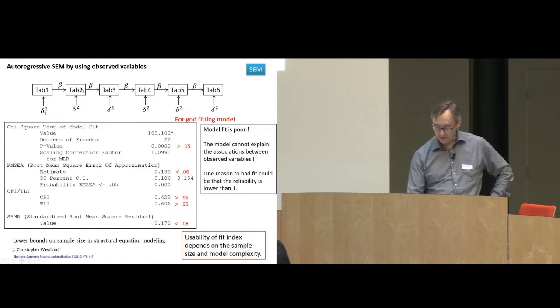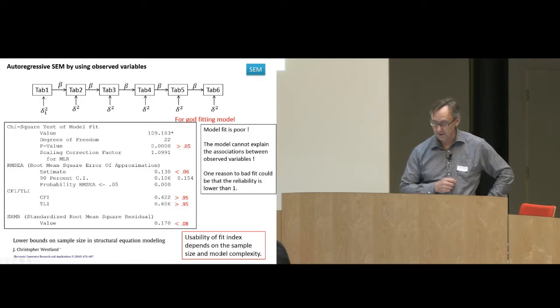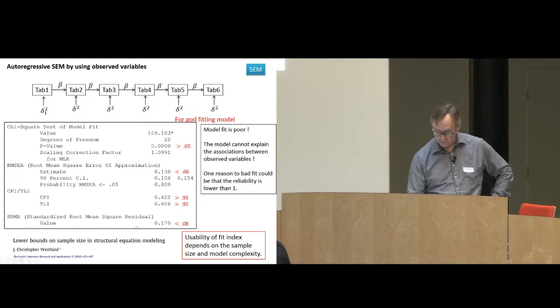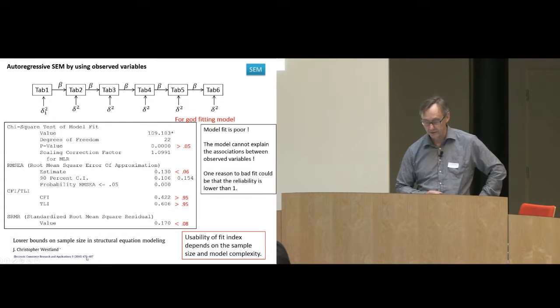One problem with using fit indices when you test some process is that the usability of a fit index depends on the sample size and model complexity. One paper you can read related to that is Christopher Westland, Lower Bounds on Sample Size in Structural Equation Modeling.